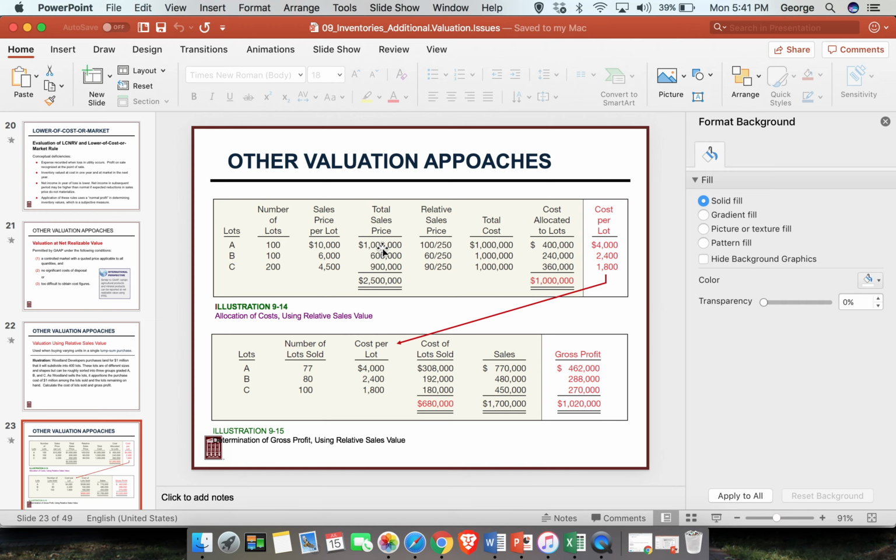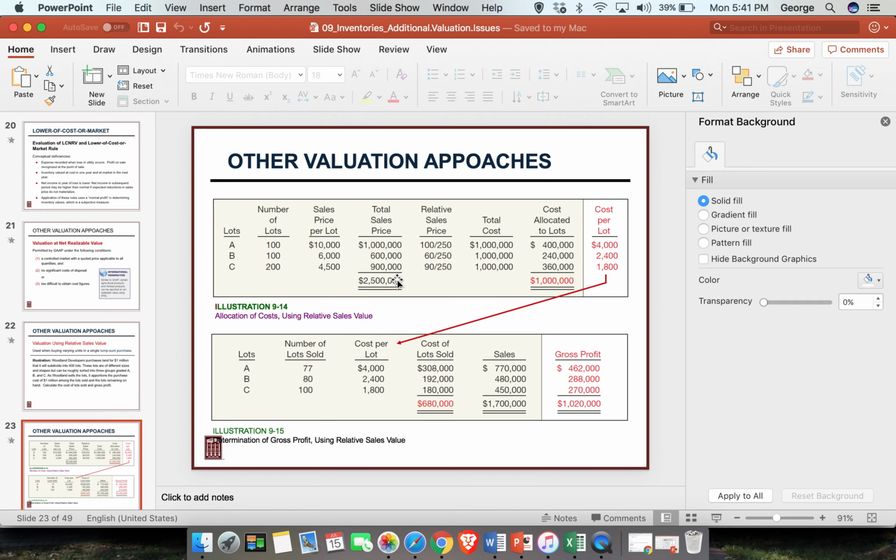It's 40% of the total revenue, and we'll allocate 40% of the costs, and that's 400,000. Then B, it's 600,000 total sales price, divided by 2.5 million, so that's around 24%.